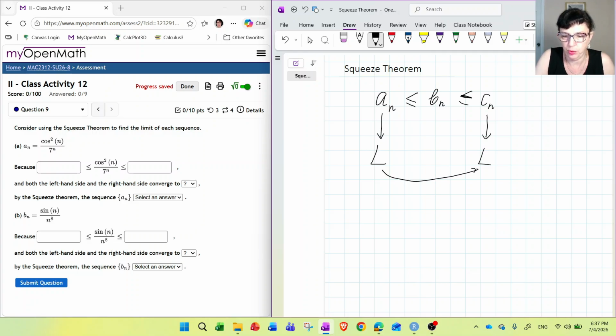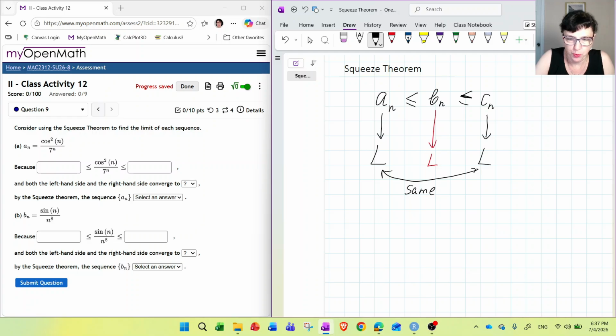So these two must match for the squeeze theorem, otherwise it's not going to work. If both of them are the same, then it forces the middle one that's squeezed between the two, they both go to L, and it doesn't have a choice. It has to go to L. It has to go to the exact same limit. That's what it says.